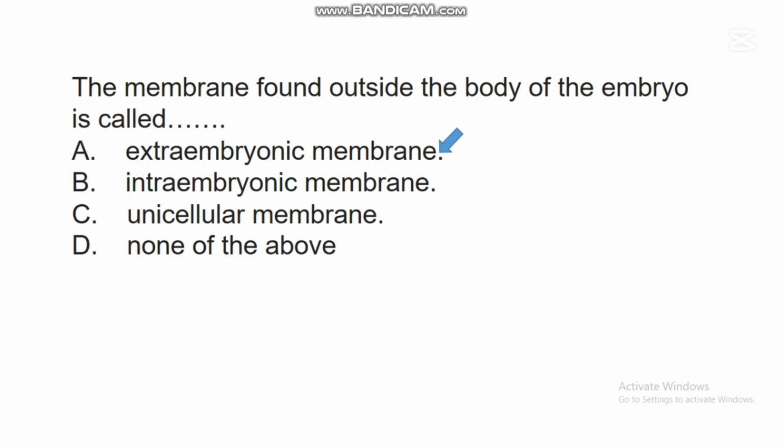So any membrane found outside the body of the embryo is best described as extraembryonic membrane, and this amnion is a membrane that can be found in a pregnant woman when pregnancy, or after fertilization has taken place, leading to pregnancy.